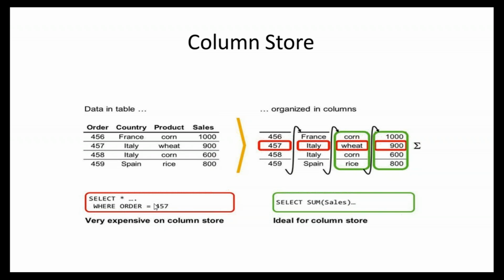We are using column storage whenever there are operations on the columns. If there are operations on a column, then column storage will be better, and row storage becomes expensive for these kinds of operations. Column storage becomes expensive in select star scenarios, or select fields scenarios as well.